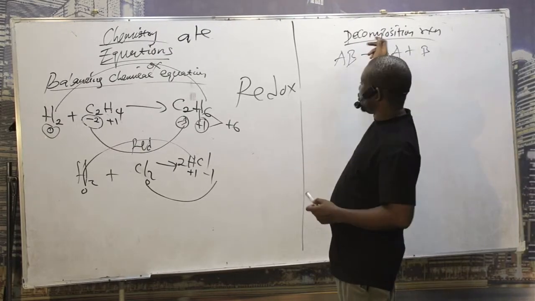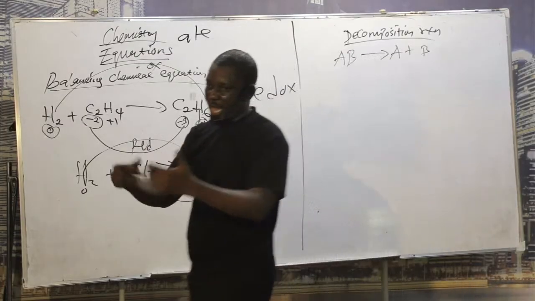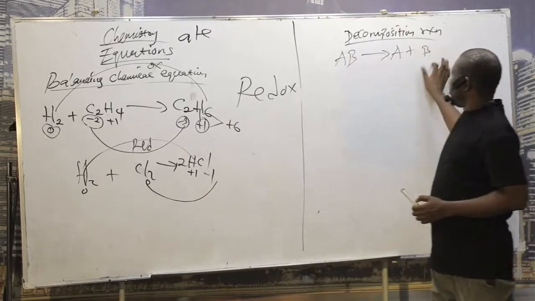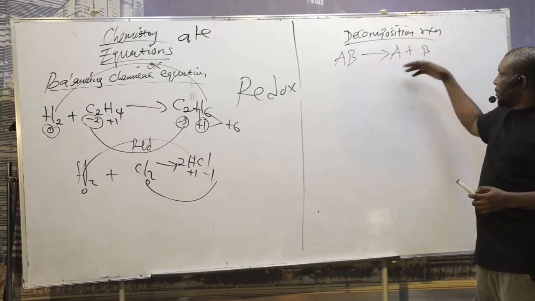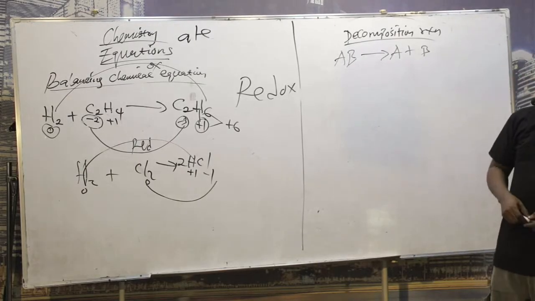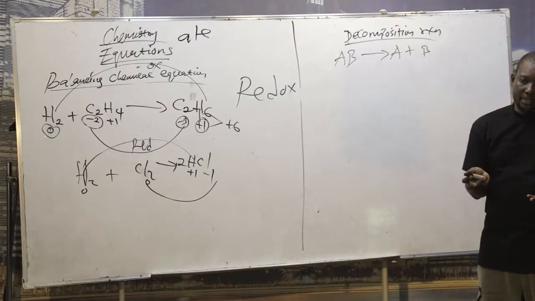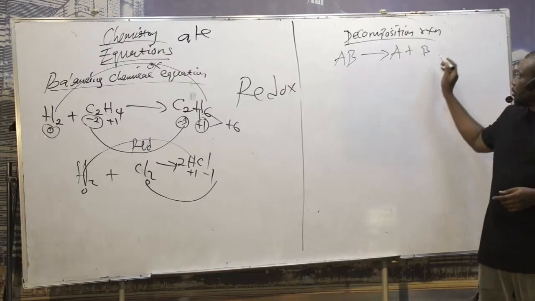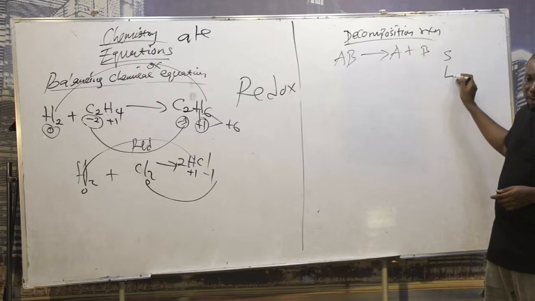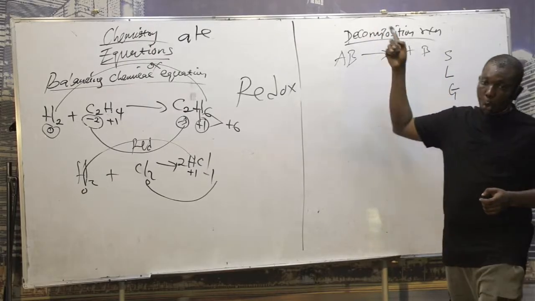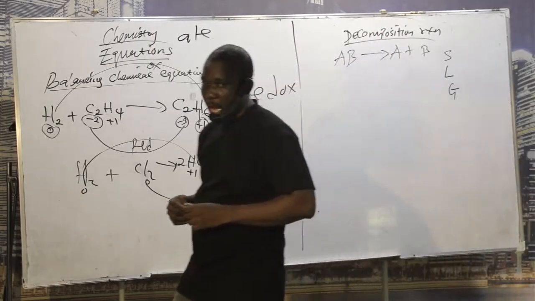If the compound is large, you may have many products; a compound may come out, a liquid may come out, or sometimes gases may be involved. Whenever a solid compound splits into smaller compounds, those can be in three physical states: solid, liquid, or gas. That type of chemical reaction is decomposition. Are you with me?